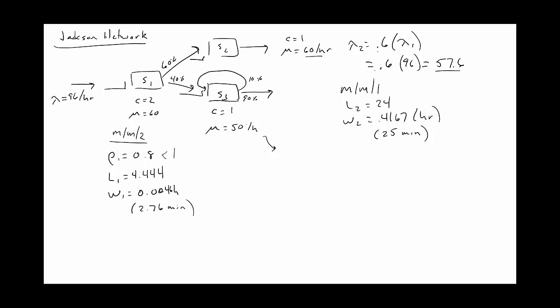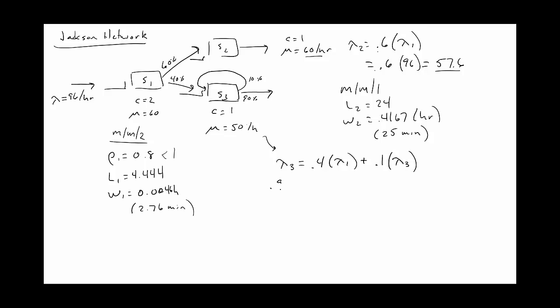So when we think about the arrival rate to S3, lambda 3, it's comprised of two components. It's comprised of the 40% of entities that went to S1, plus those reentrant entities, or the entities that are sent back. So this is 10% of everything that entered lambda 3.